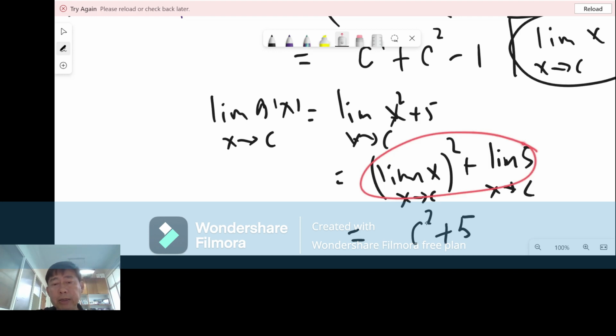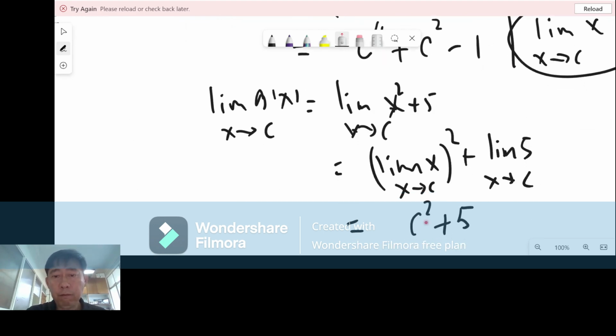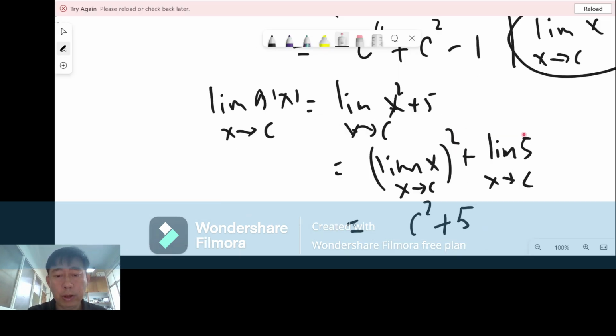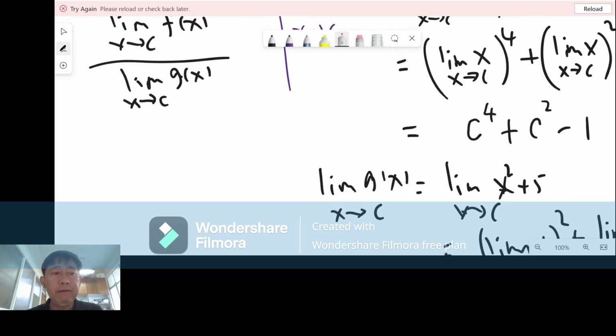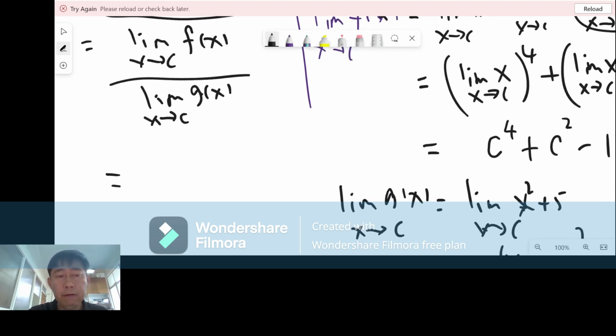But I'm writing these steps for you to be aware that when you go from here to here, you are actually making use of the rules that are mentioned in theorem 1. Okay, so having said that, we now can express the values for the function. The limit of the function f when x tends to c is just this expression.